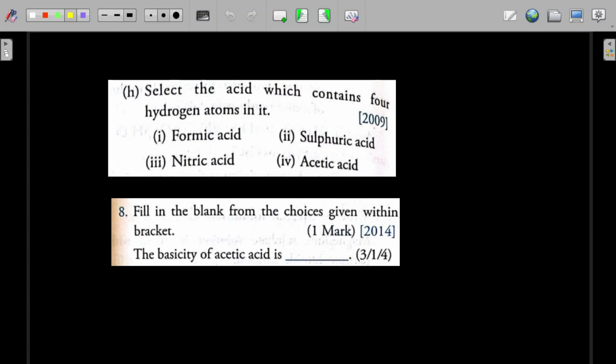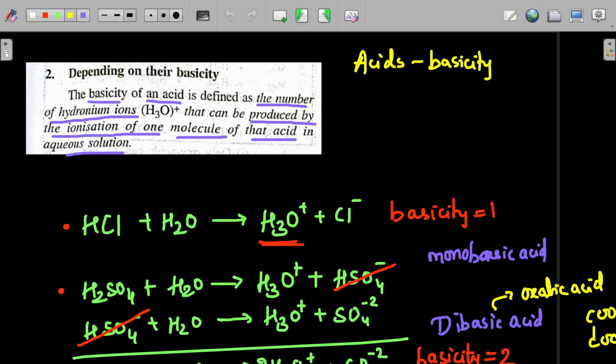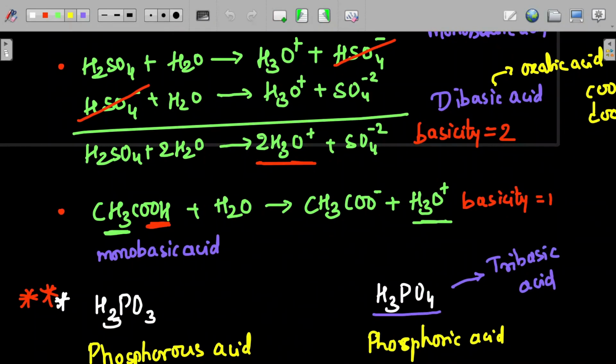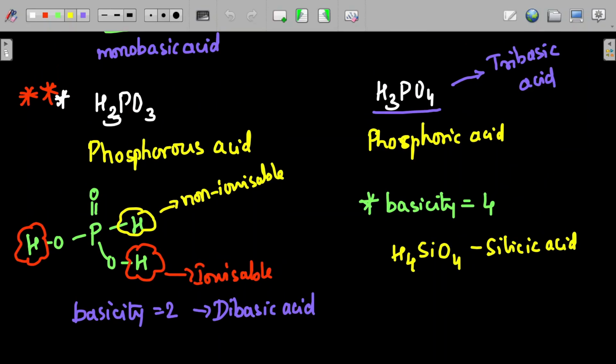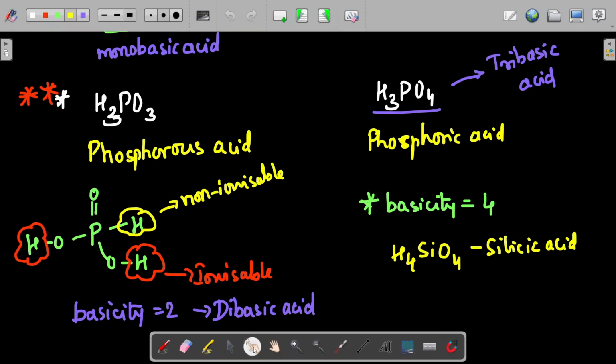Sure. Sir, can you explain H3PO3, how is it only two replaceable? Okay, see the structure here for H3PO3. You can see out of three hydrogens, two hydrogens are attached to oxygen, and one hydrogen is attached to phosphorus.